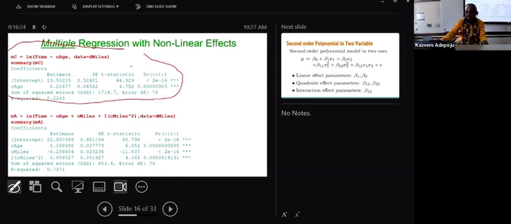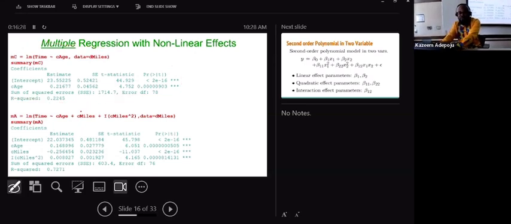Okay. Now, what do we do? Do you know what we did? We introduced mice and we introduced the square of mice. Whatever we introduce, we have a way to investigate how significant they are. Now take a look at this. Look at the p-value, and that's of the square of that.